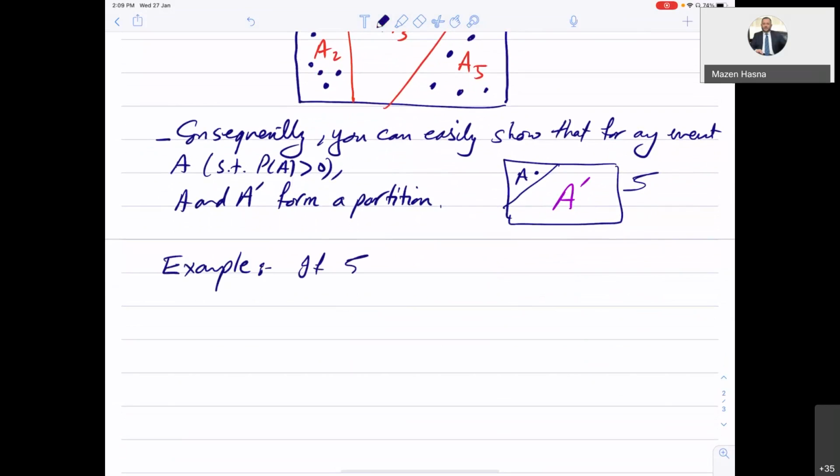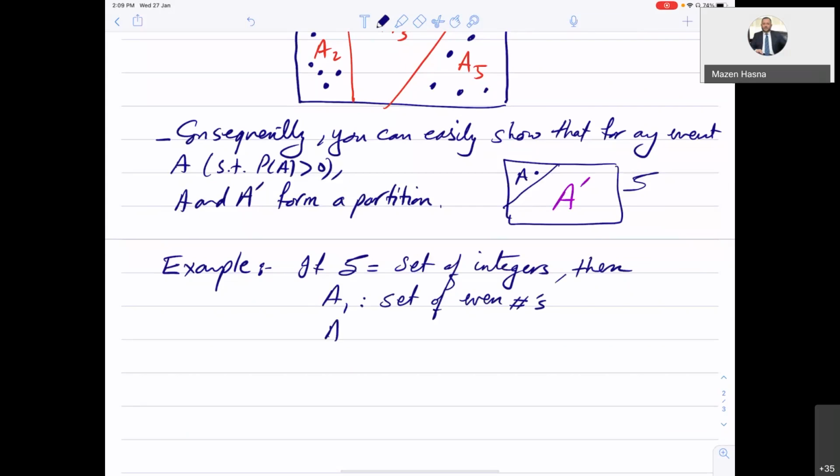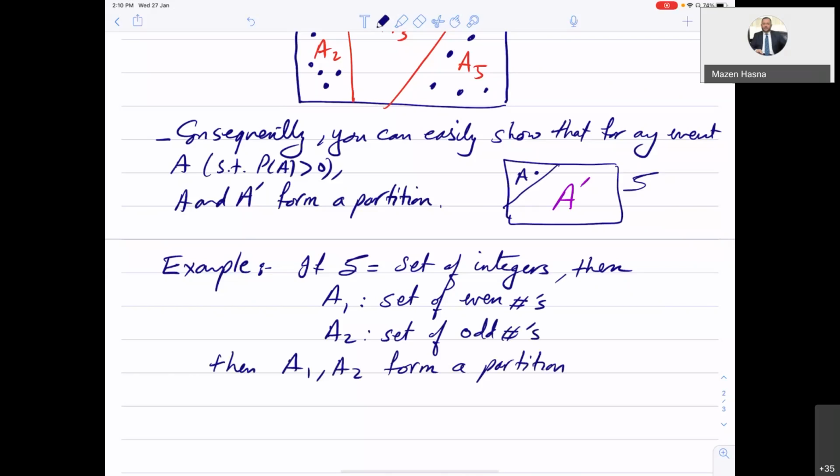If my sample space S is the set of integers, then A1 is the set of even numbers and A2 is the set of odd numbers, then A1 and A2 form a partition of S. Right?